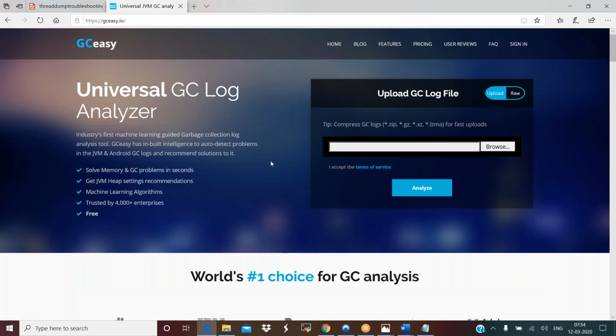The unique feature of all these analyzers is that they have some intelligence of the product, like in GCeasy or fastThread.